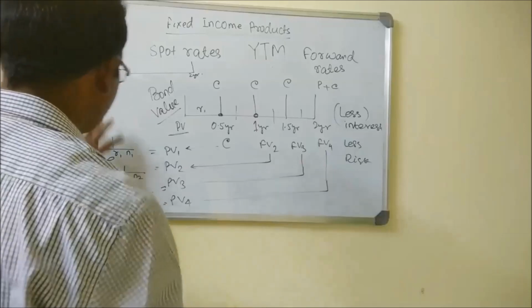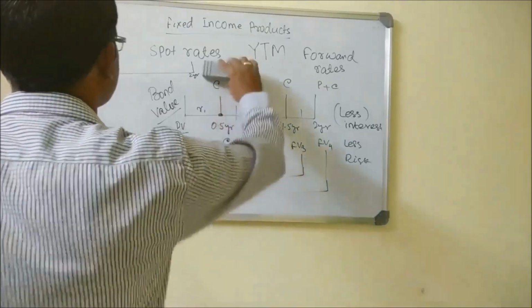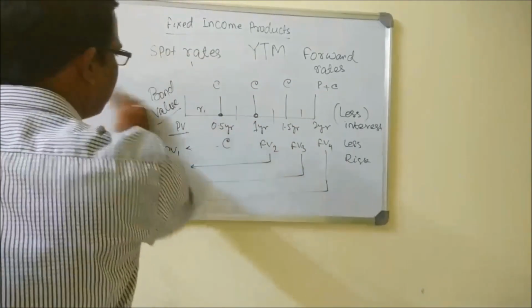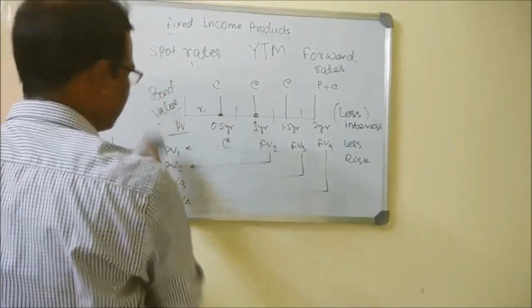So ultimately, if you now summarize these, what happens? The formula, the one value.